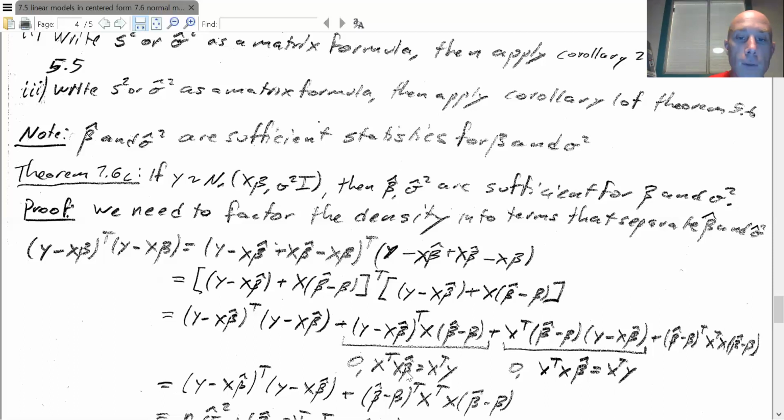So I'm going to end up getting 0 on this. So this cancels out, this cancels out, and I'm left with this business. Remember, this is part of the exponent in the density.